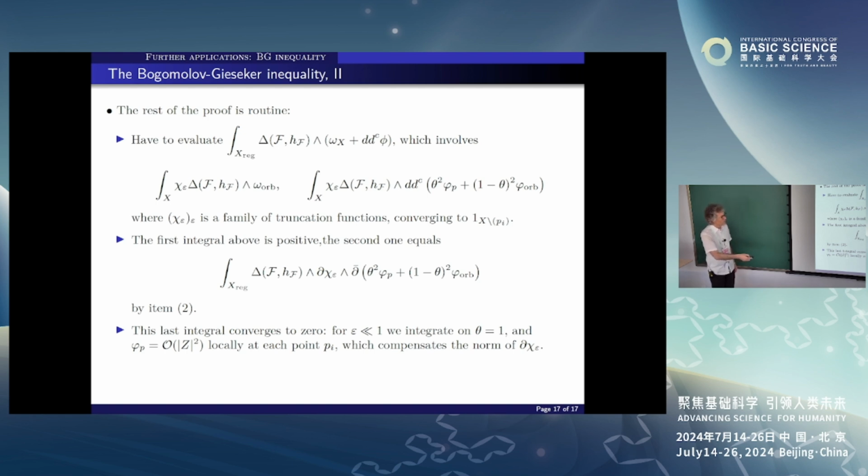This one explodes as epsilon goes to 0, but it is compensated by the derivative of this, right? When you take one derivative, you get a factor of z, and the two compensate each other. And the support of the integral is on smaller and smaller sets, and this is why it converges to 0. Okay, so now the last part is very suited to our chair lady.